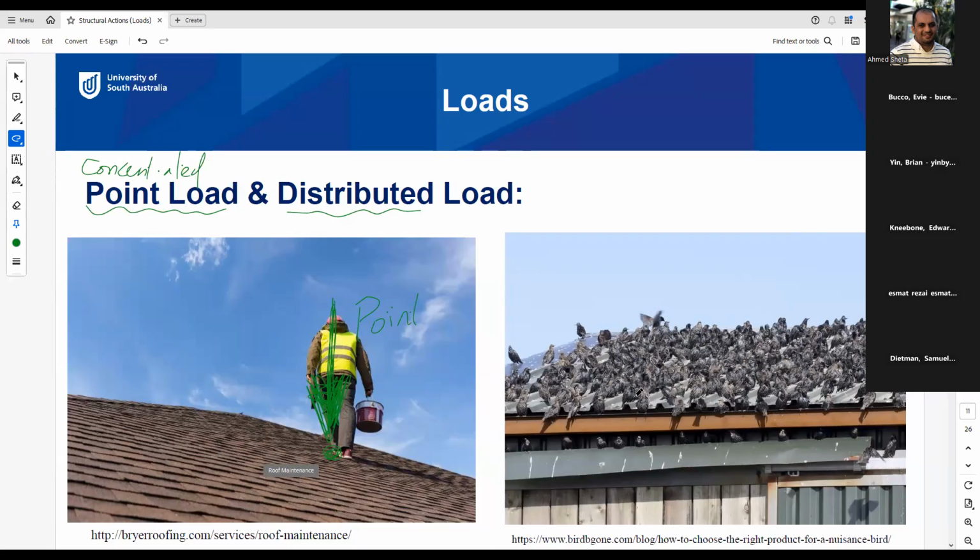But as you can see here on this roof, we have a lot of birds, or maybe we have snow, or we have rain. These types of loads are distributed over an area or over a line, so it can be named as distributed load. This is just to show the difference between the point load and the distributed load.